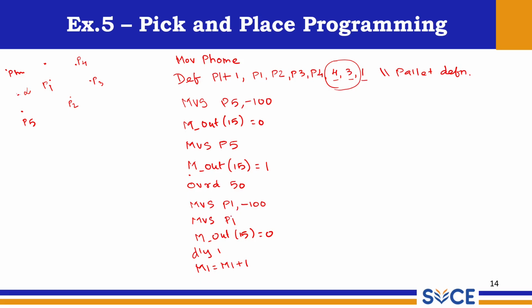Whatever task you did as of now, we are asking the robot to put it into M1, and then add an increment, because one part has been finished. P1 has been finished. Now for the next 12 points it is supposed to go. So next we'll write the next statement.